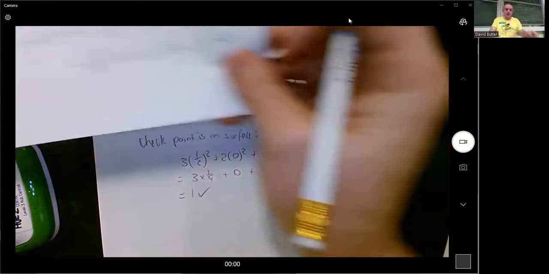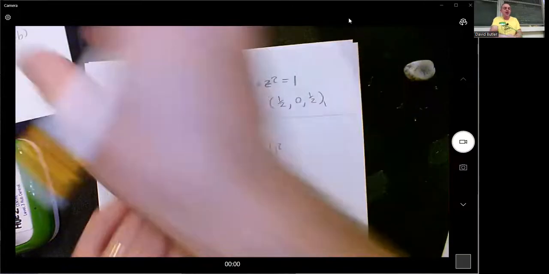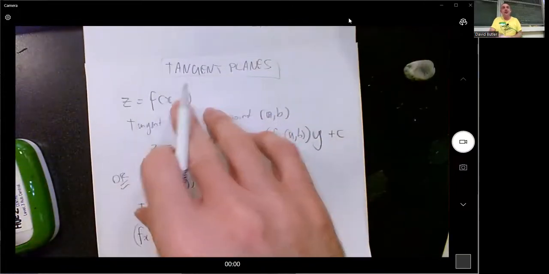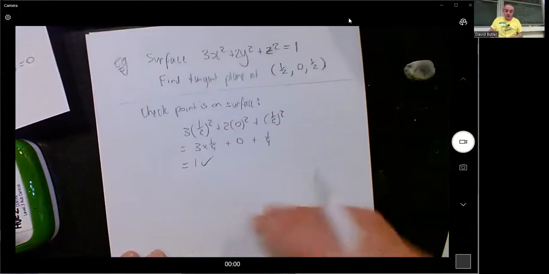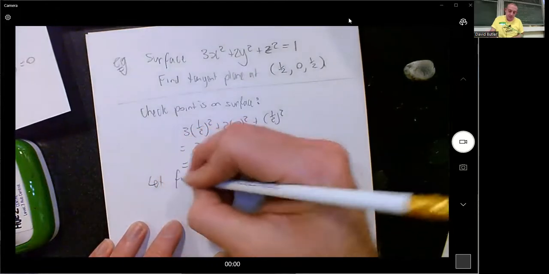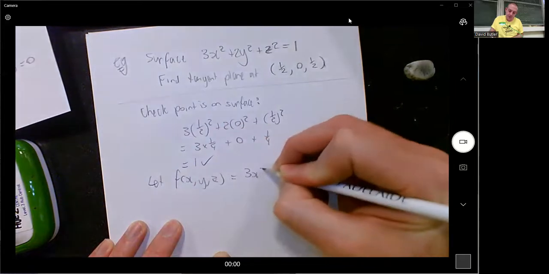Okay. And so the next thing I want to do is I'm going to say that the tangent plane of this one can't be made in this way because I don't have a z equals. I'm going to need to make it in this way. And so what I'm going to do is I'm going to let f of x, y, z be this thing.